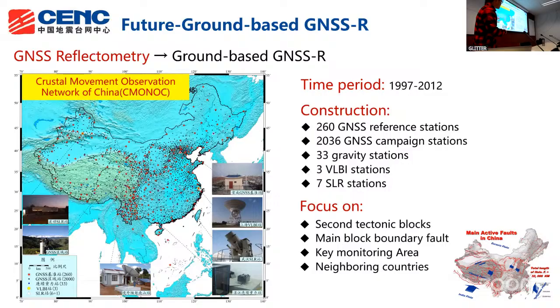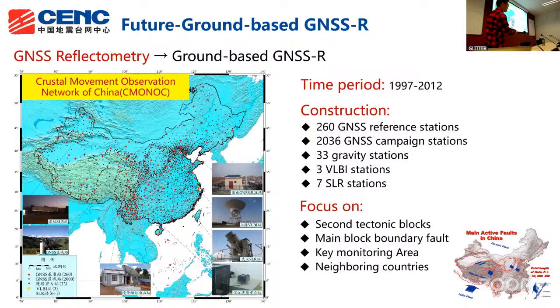In this network, we focus on the second-level tectonic blocks, because in China we have a lot of active faults, and these active faults divided the whole of China into 22 second-level tectonic blocks. And in China, a lot of big earthquakes happened around the second-level tectonic blocks. So our first focus is the second-level tectonic blocks, and also the block boundary faults.